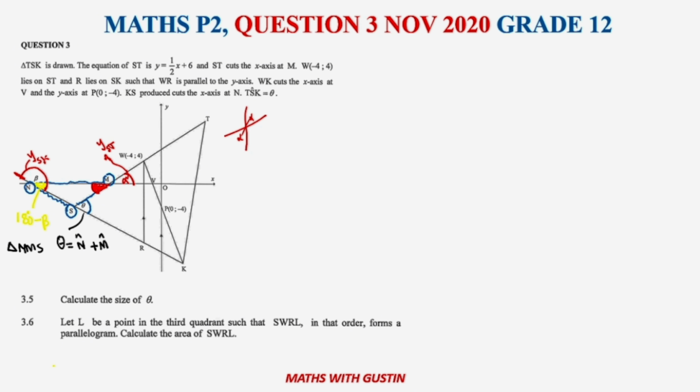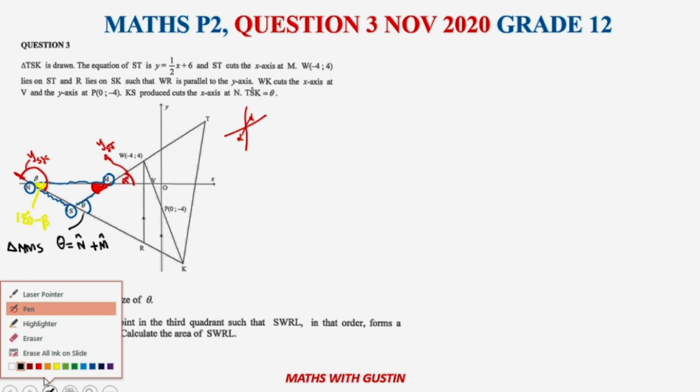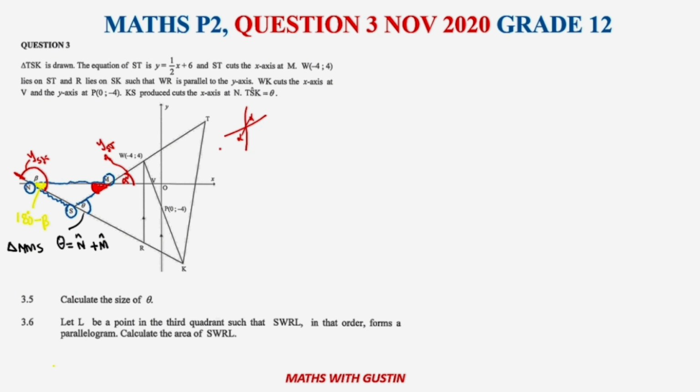All right, so now let's go ahead and start with the line SK and find beta. SK is represented in a red color, so I am going to write in red here so that you guys can follow. What is the gradient of line SK?